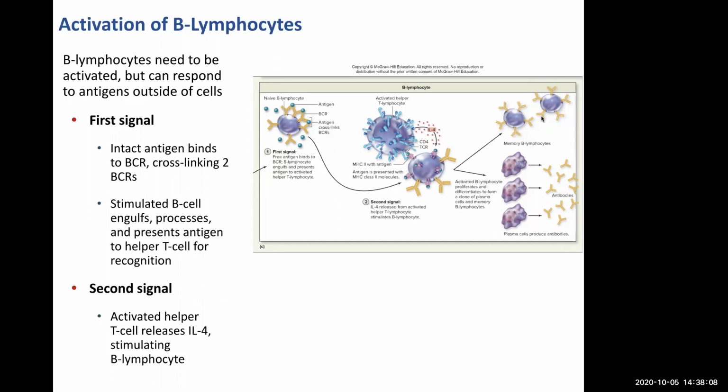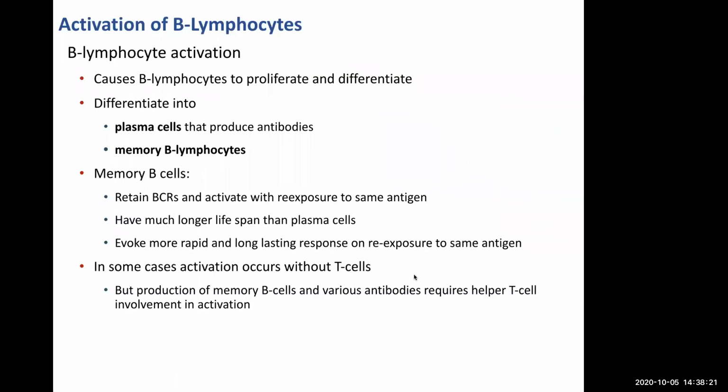So when you're exposed that secondary time, you will have a very robust, very fast response to that antigen. And these cells will very quickly differentiate into plasma cells that will churn out neutralizing antibody to that antigen. Okay.